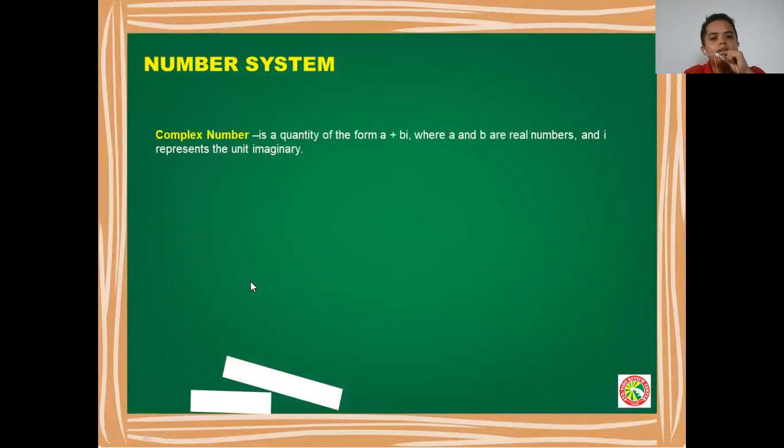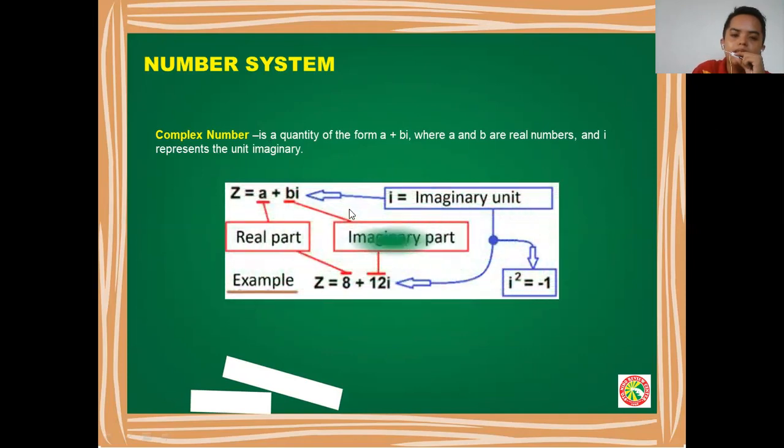In the number system, another is complex. Complex number is a quantity of the form a plus bi, where a and b are real numbers and i represents the unit imaginary. So this is the representation of a complex number, a plus bi. A and b are real numbers.